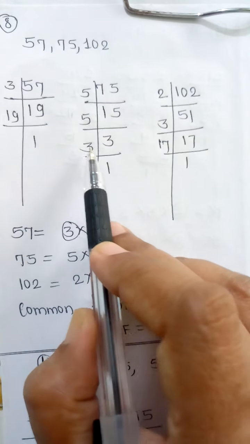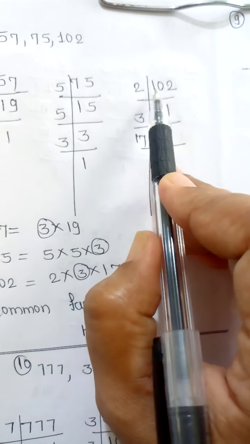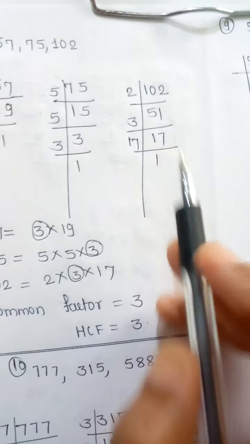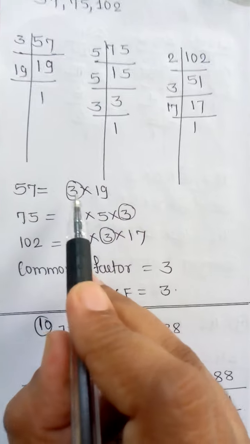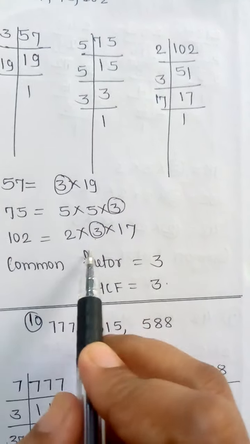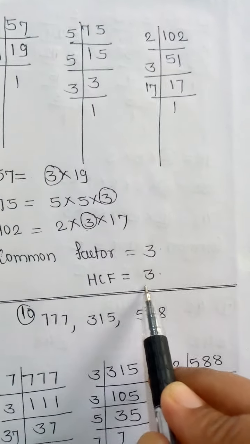Then 5 3s are 15 and 3 1s are 3. Here again the factors of 102 are 2, 3 and 17. Here the factors are written. Now the common factors. See here 3 is there, here 3 is there and here also 3 is there. Only 3 is common. So the common factor written here is 3 and SCF is 3.